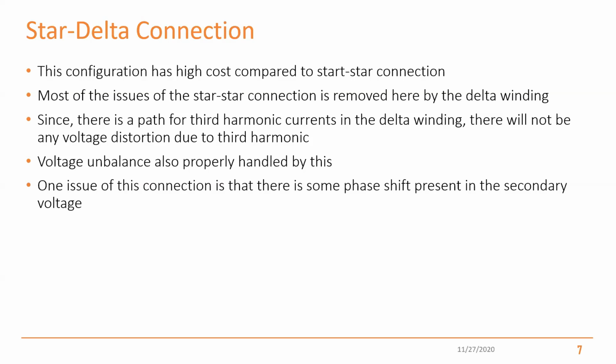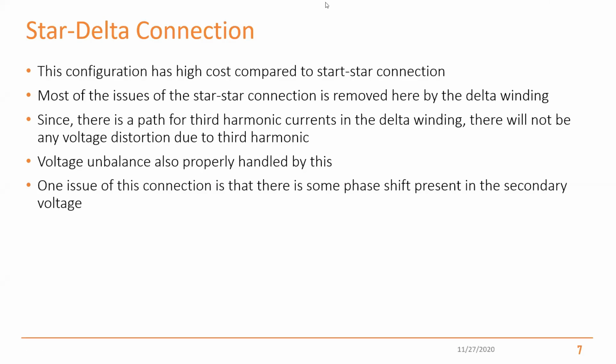So the unbalanced condition is properly divided among all three windings, and the final outcome is a much more balanced system than the input side, that means the primary side, the star side. Therefore this kind of star delta transformer can address the issue of unbalancing. Then the next problem is the third harmonic problem.